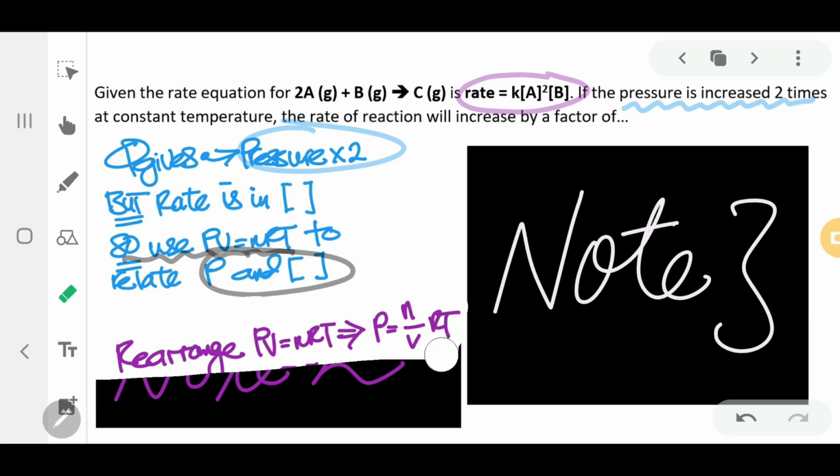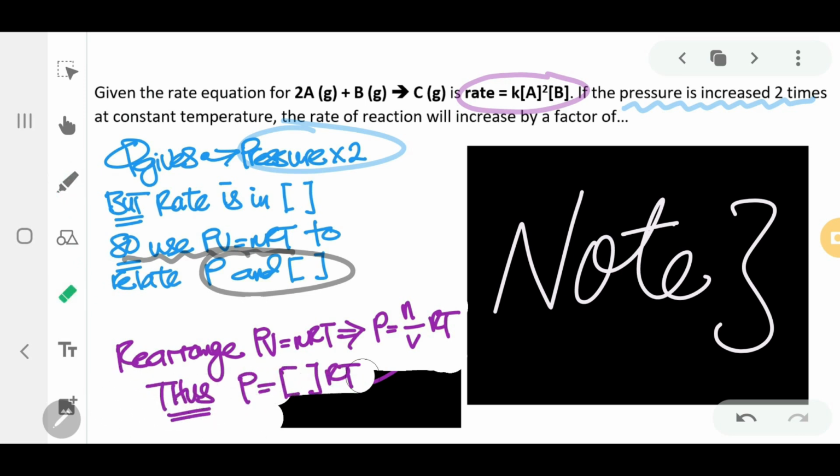When you rearrange that, you move V to the other side, and you have P equals n over V times RT. Remember, n over V over here is the same as concentration.